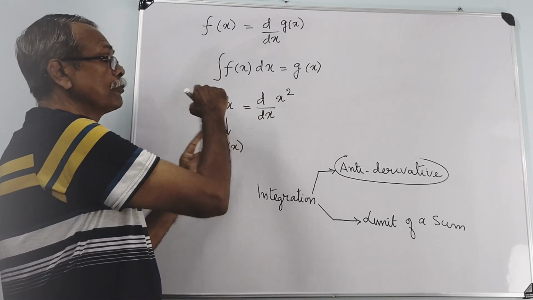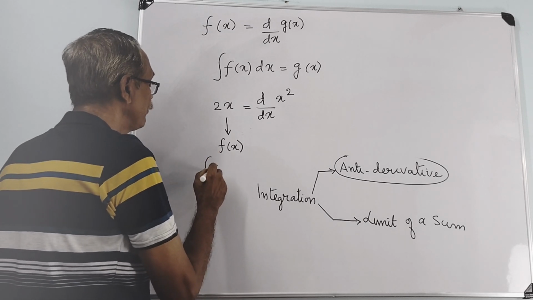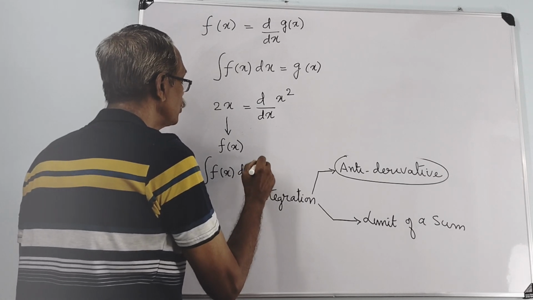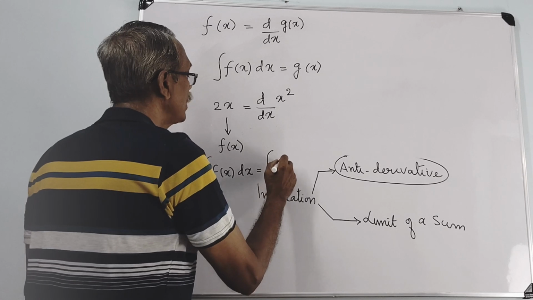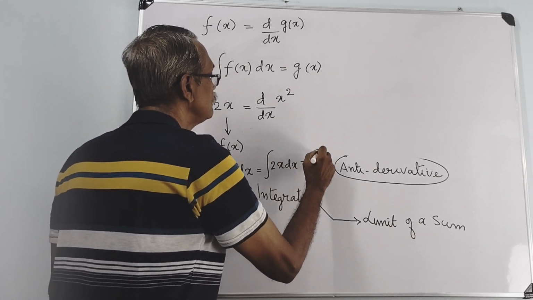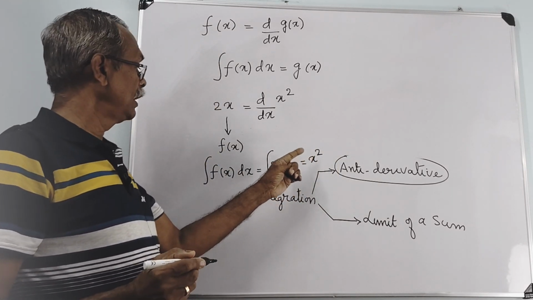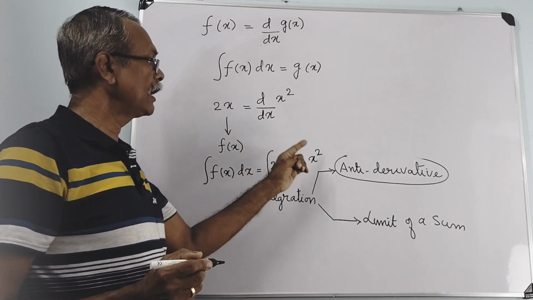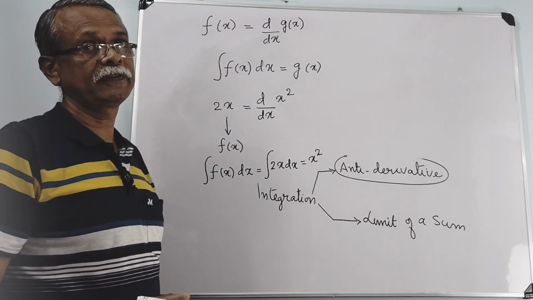So it is just the reverse process. So we can say that integral f(x) dx is equal to integral 2x dx is equal to x square. So we say that x square is the integral of 2x. 2x is the derivative of x square. That is a reverse process.